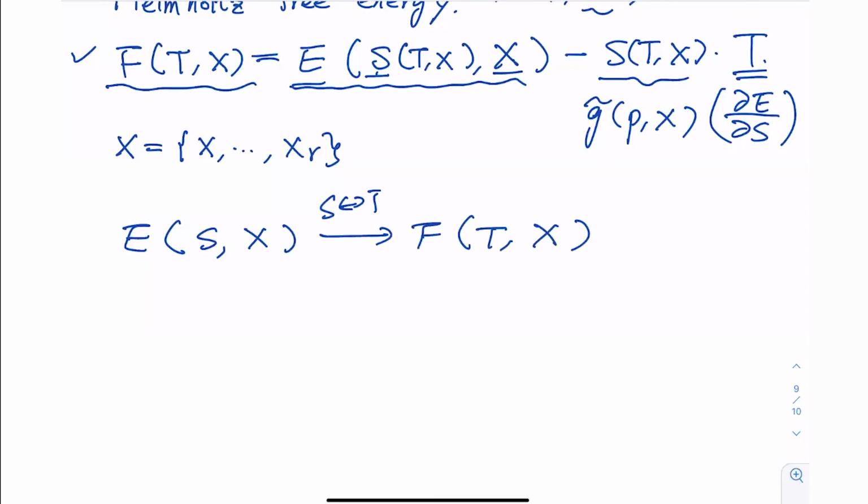In this case, we can still ask what is the variational principle once we make this change of variables, and it turns out that we are still trying to minimize the free energy for equilibrium state.